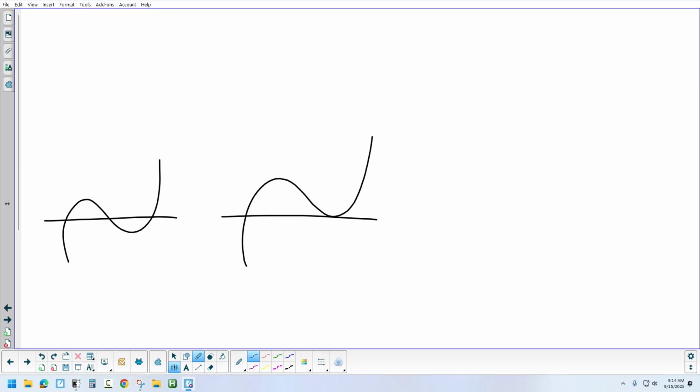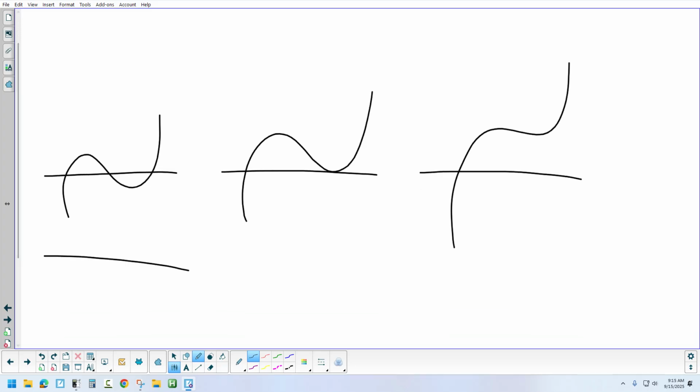There's a cubic that crosses twice, or we'll say touches the x-axis twice. And here's a cubic that only crosses it 1 time. The way I drew that curve, it can go up, down, and up, or the cubic can also curve the other way, down, up, down. You can have that behavior as well.